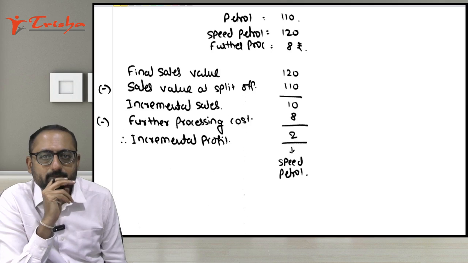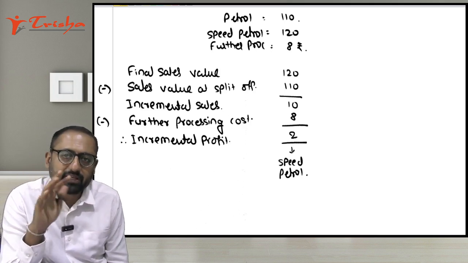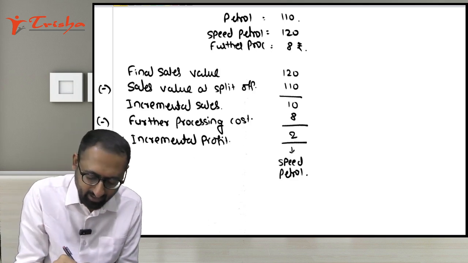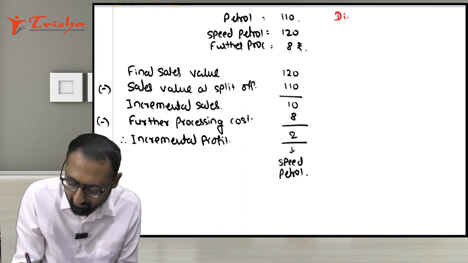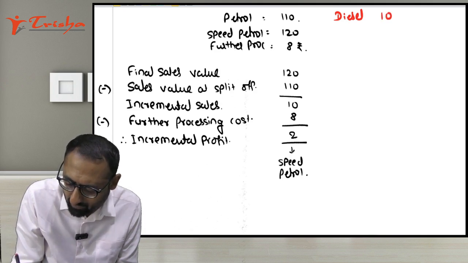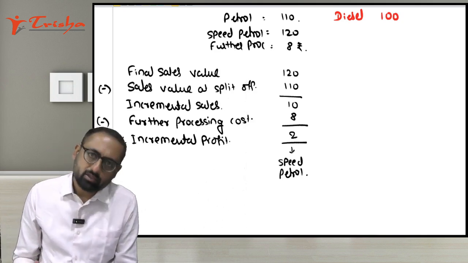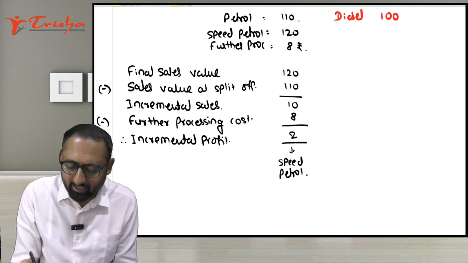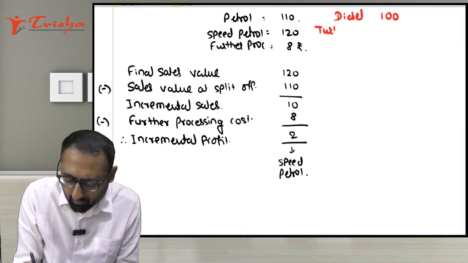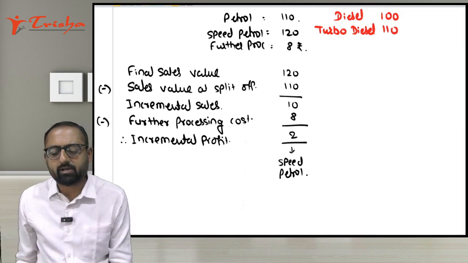Everyone got this? Now one more example. Suppose I'll take an example of diesel. Guys, diesel price is suppose 100, normal diesel, and there is one more diesel available in the market, that is turbo diesel, which is sellable in the market at 110 rupees per liter.